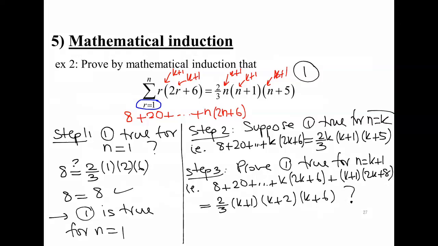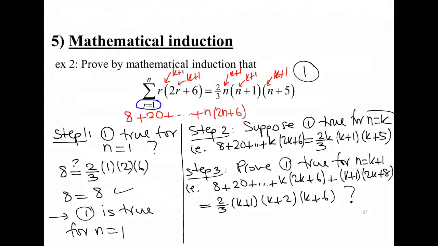Now if we open up a new page here, I'm going to rewrite the statement that I need to prove true. I want to prove that 8 plus 20 plus k into 2k plus 6 plus k plus 1 into 2k plus 8 is equal to 2/3 of k plus 1 into k plus 2 into k plus 6.